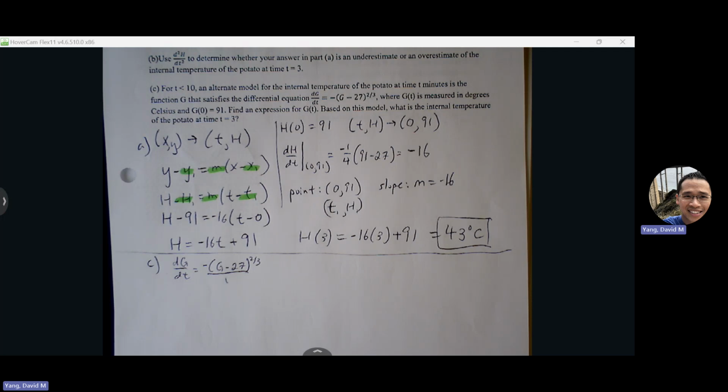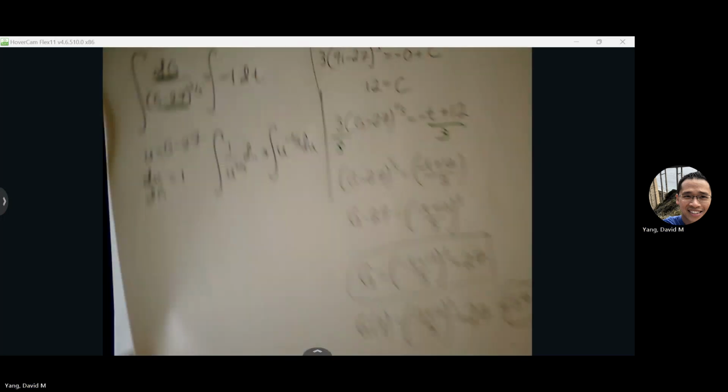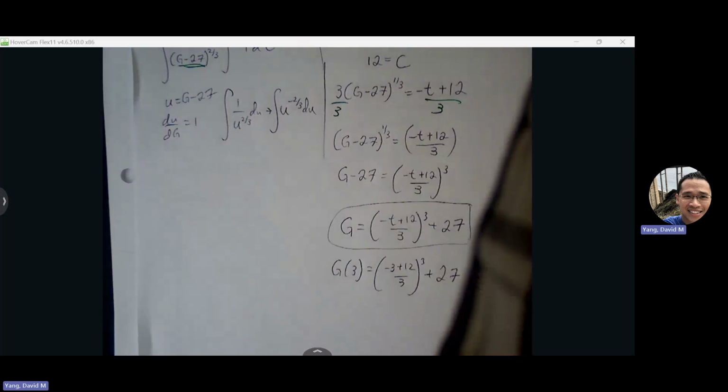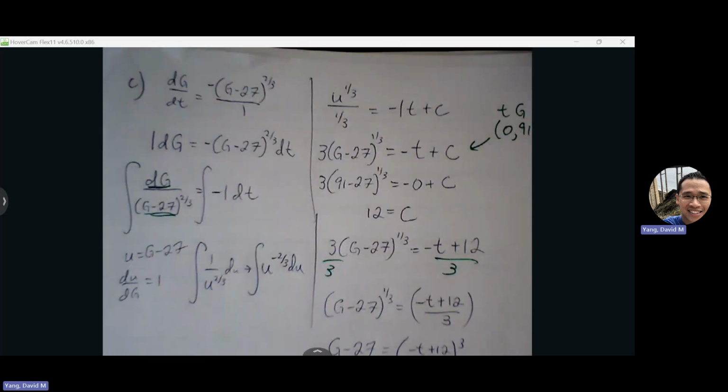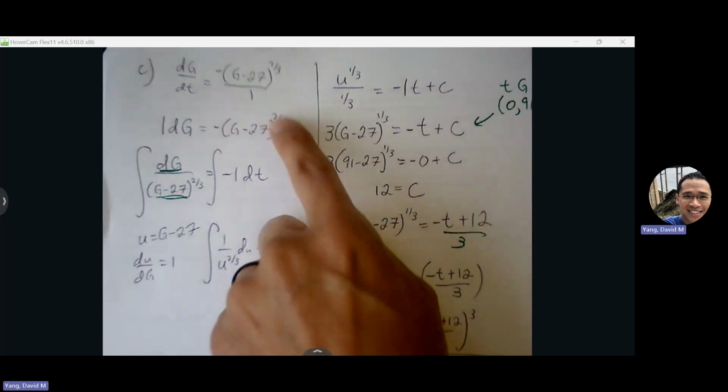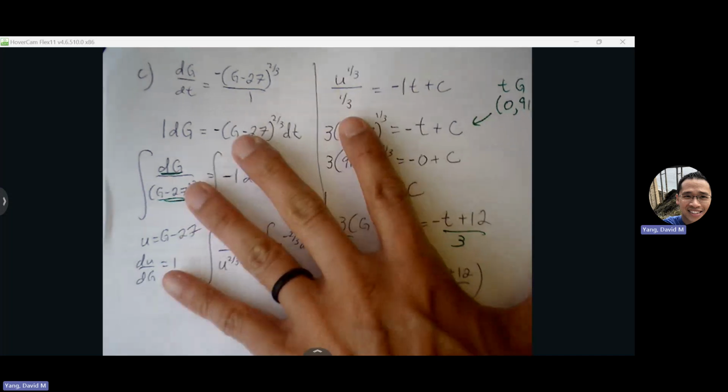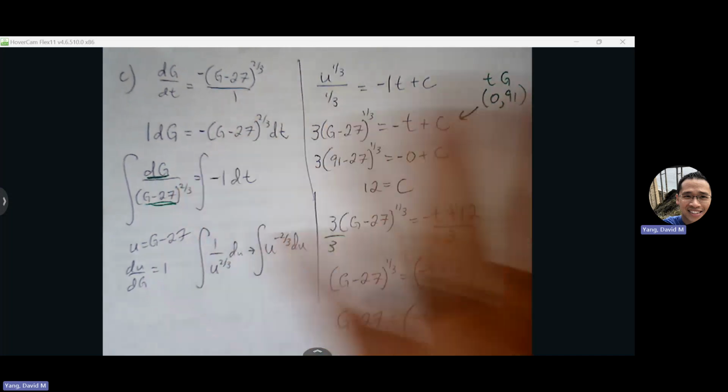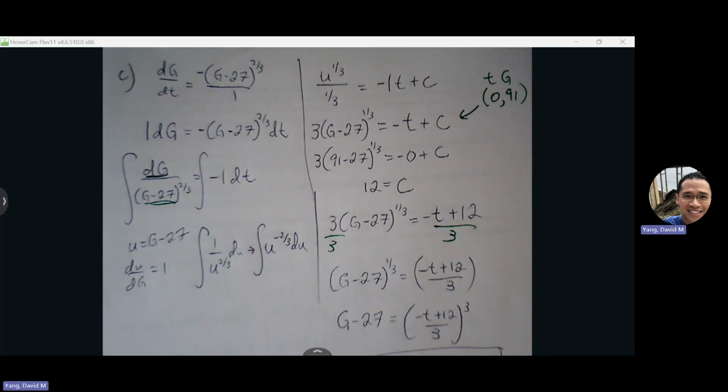So eventually we want g's on the left and t's on the right. Let me walk through the steps that I did yesterday here. First step, get your fractions lined up so I can cross multiply. Cross multiply in a way where your dg is on the left, your dt is on the right.